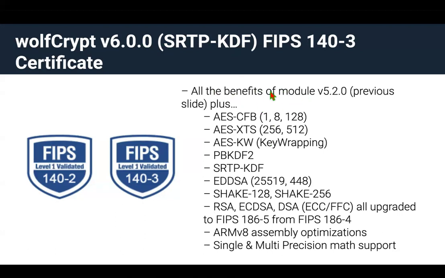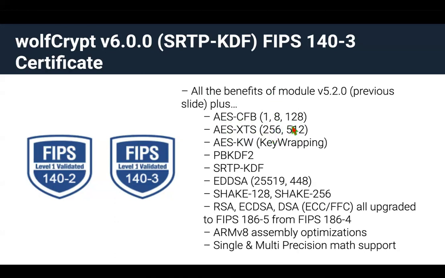And it has all the same benefits we saw in the last slide, plus it's adding AES cipher feedback mode, 1-bit, 8-bit, and 128-bit ciphertext sealing. We're adding AES XTS, both 128-bit keys and 256-bit keys.